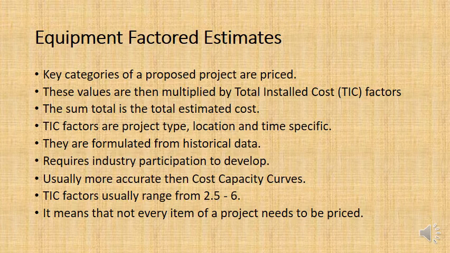Other projects which are different from the historical data will have their own TIC factors. You then multiply the values from the key items by the total installed cost factors.